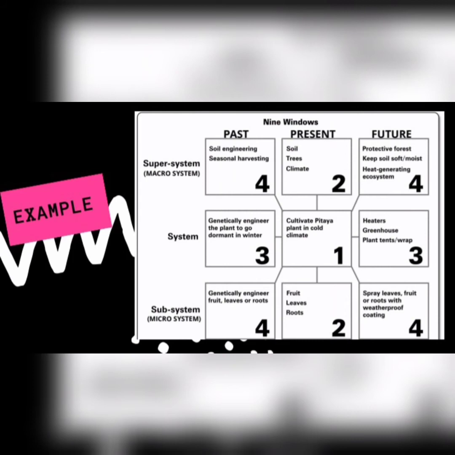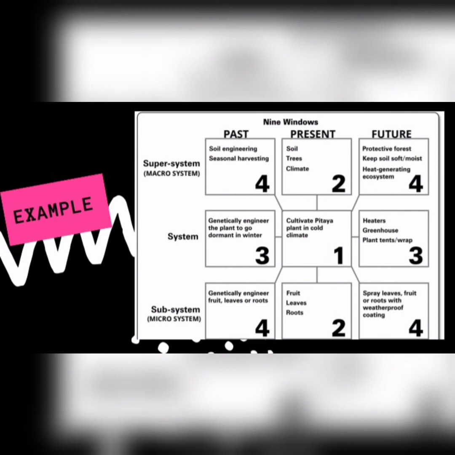And lastly is developing step 4, which is supersystem. In that same row, in the past cell were soil engineering and seasonal harvesting, which were external environments that the problem interacts with. And in that same row, in the future cell, maybe protective forest, keep soil soft, and heat generating ecosystem.